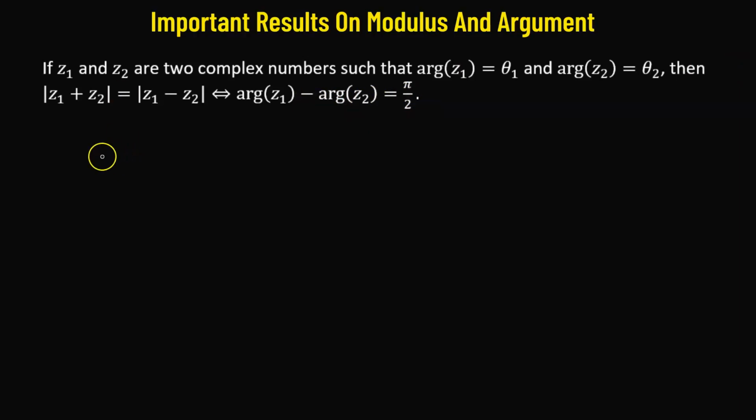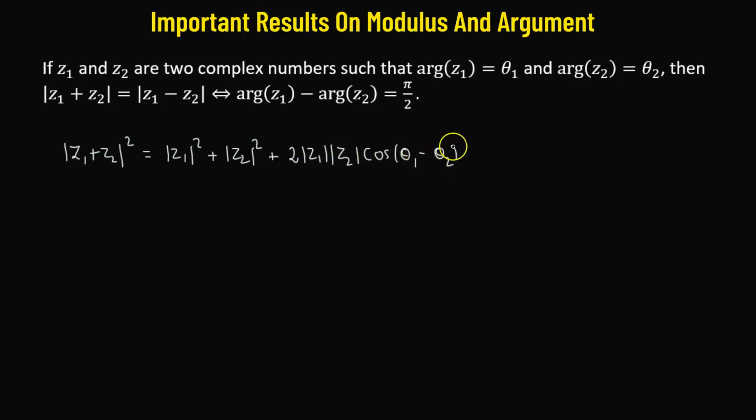So let's begin. We have already obtained the absolute value of z1 plus z2 squared. This came out to be equal to absolute value of z1 squared plus absolute value of z2 squared plus 2 times absolute value of z1 times absolute value of z2 times cosine of theta 1 minus theta 2.